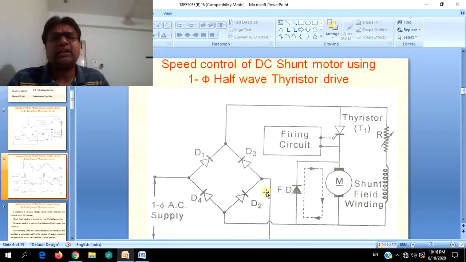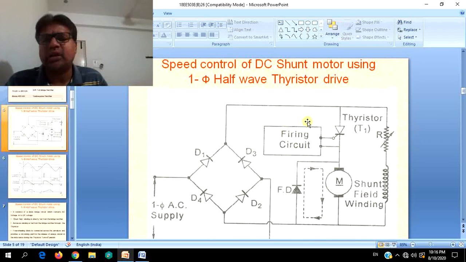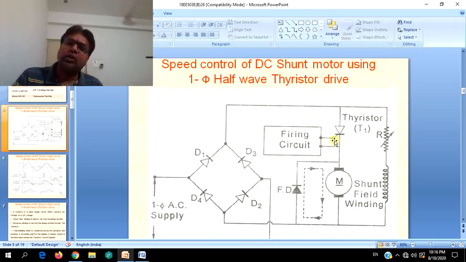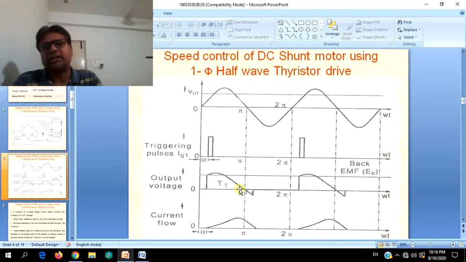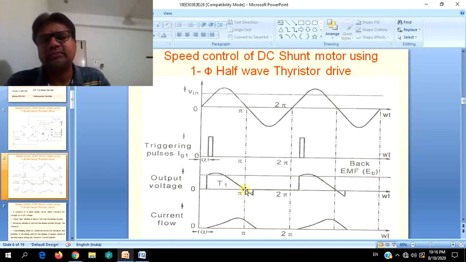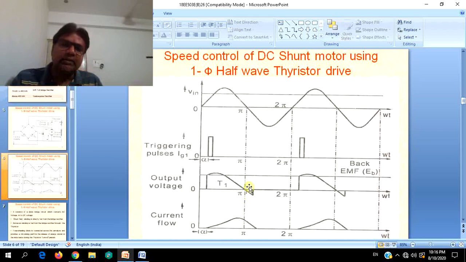The same circuit can also be used for a full wave thyristor drive, where you can control this firing circuit to turn on this SCR at a firing angle alpha which is more than this inductive supply period, or if these periods are synchronized, then the voltage and current waveforms can be continuous, or you can convert that into full wave.